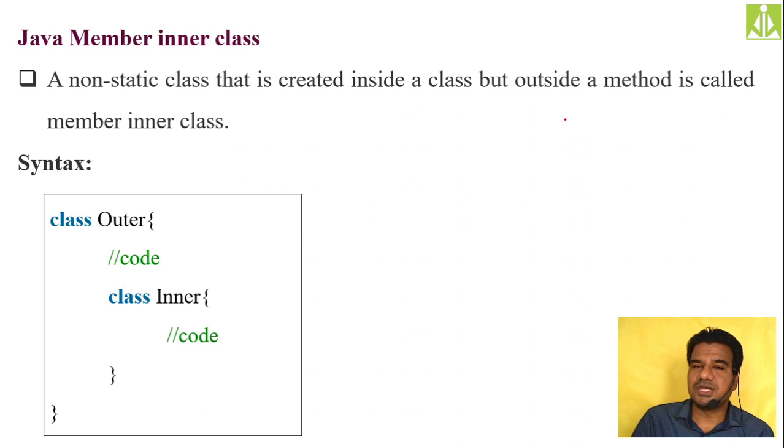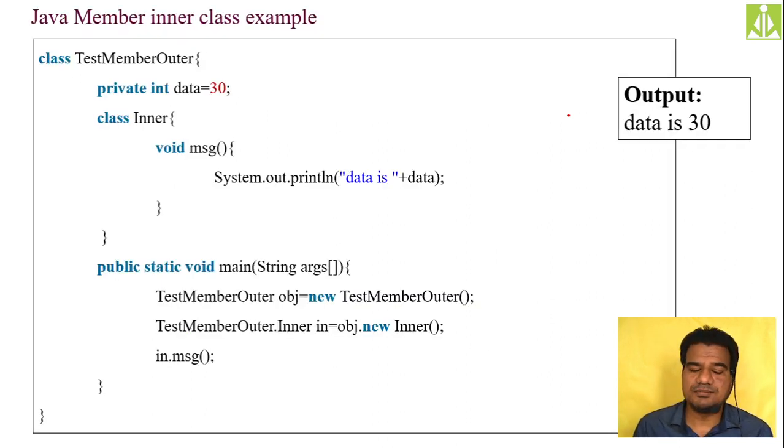We take the outer class, and inside that outer class create another class and make it non-static, so that it becomes an inner class, and as it is not inside the method, we call it a member inner class.